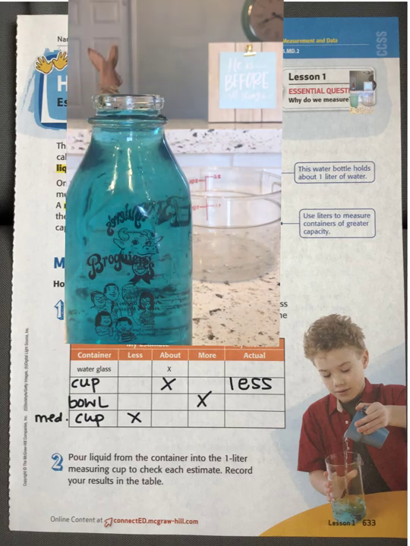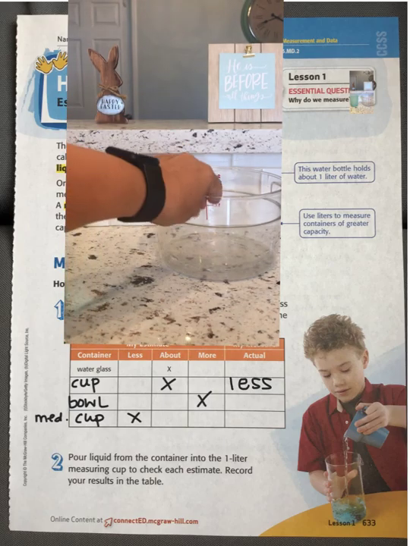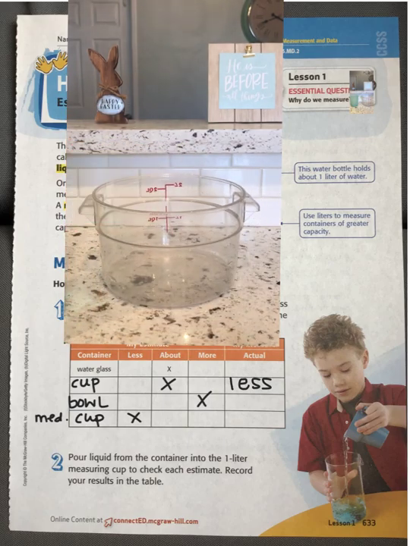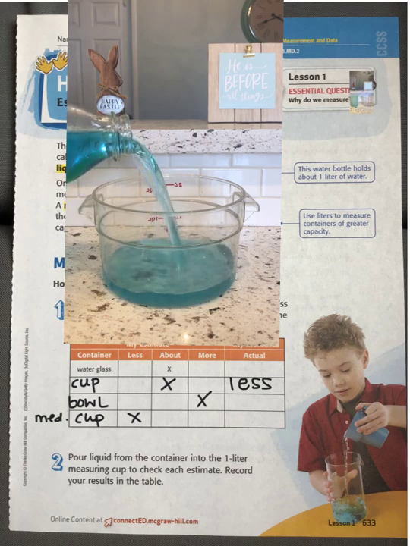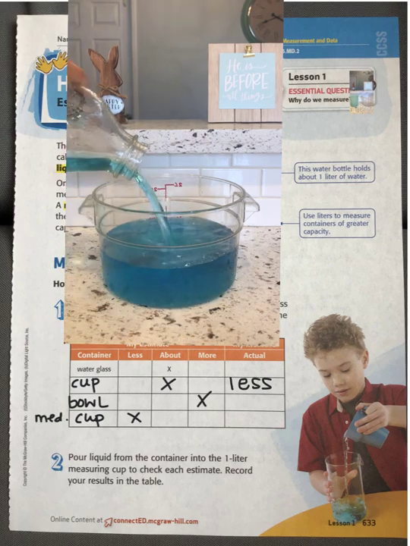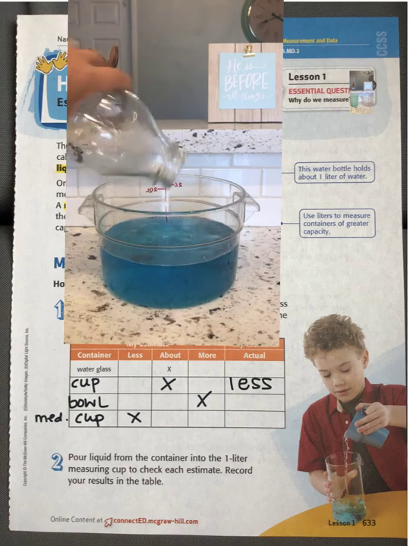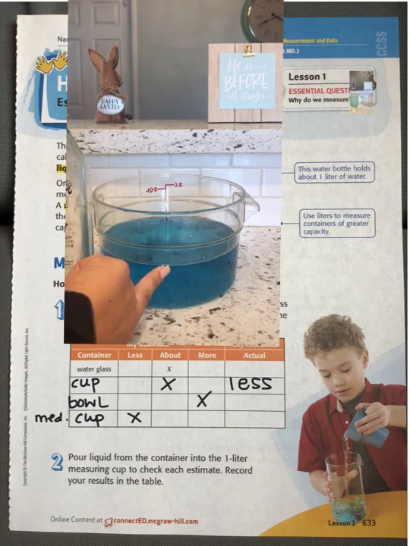Okay, next I'm going to use my bowl and I'm going to see if I can fit 1 liter of liquid into my bowl. Okay, so in my estimate, I estimated that my bowl would hold more than 1 liter, and that was actually true.